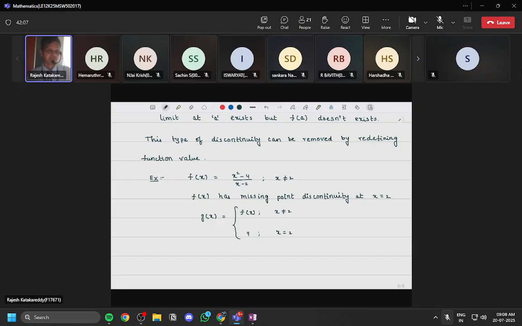Clear? Any other doubts? Understood? Right. Even though you simplify, since x minus 2 is in the denominator, x equal to 2 won't be in the domain. Clear?